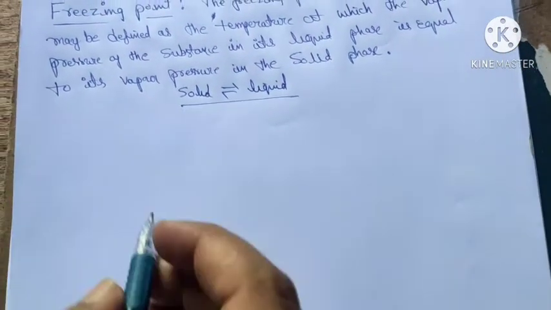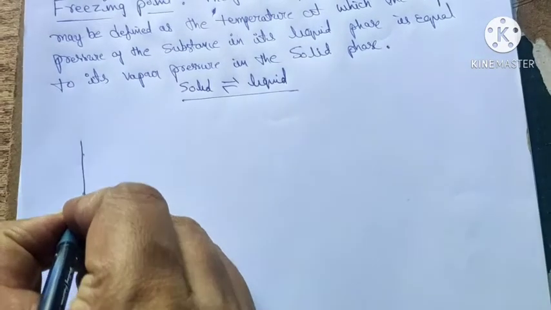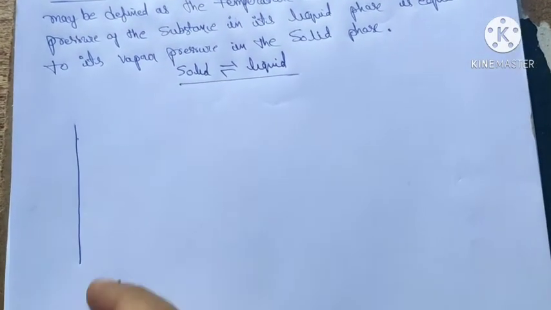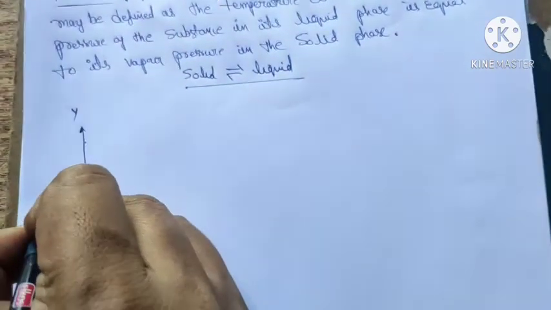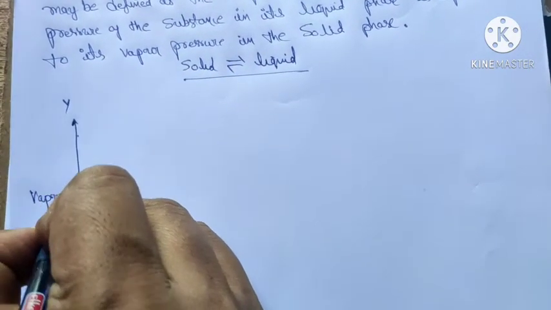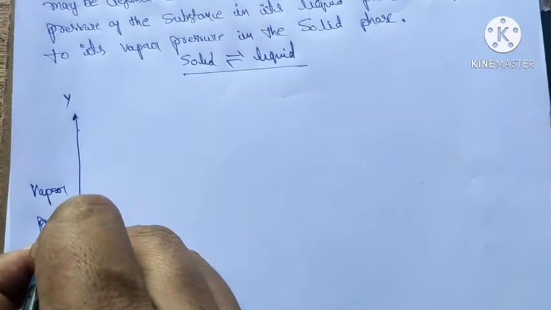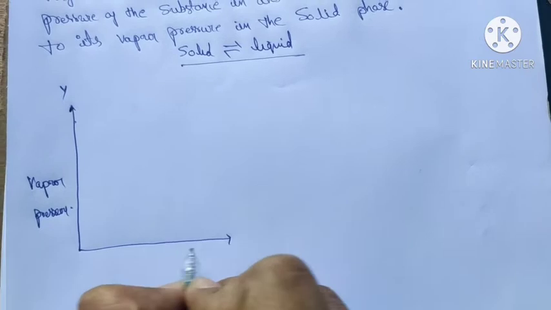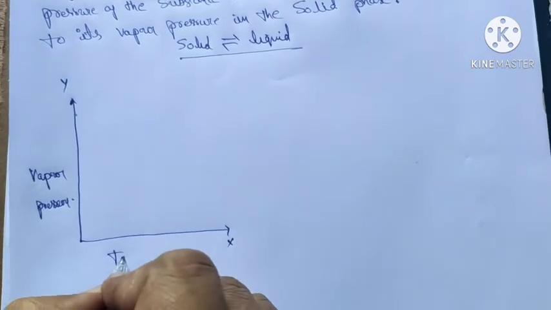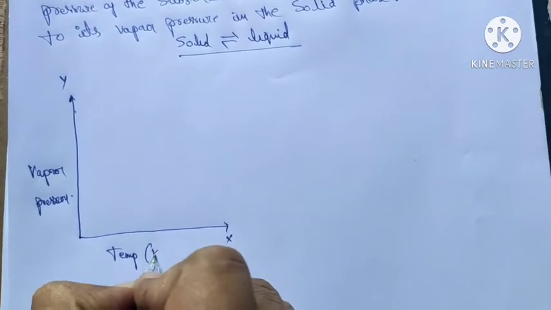See this diagram. This would be the y-axis, the vapor pressure, and this one, the x-axis, is temperature in Kelvin.